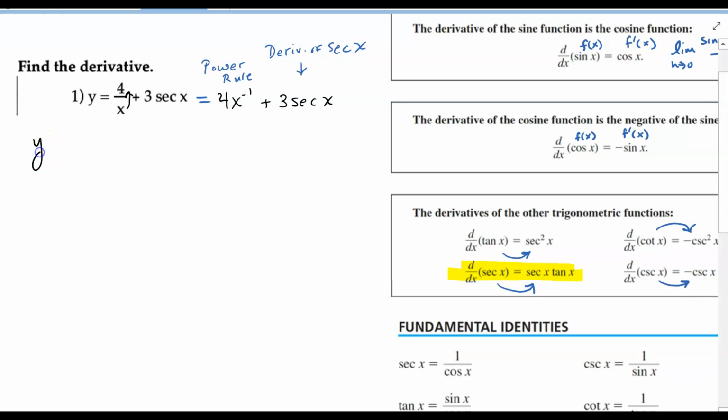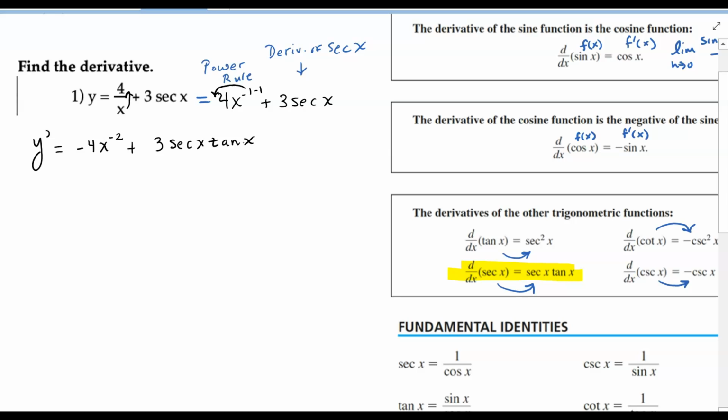To find y prime, we're going to bring the power down, negative 1 times 4, negative 4, x to the minus 2, because you subtract 1, plus 3, a constant multiplier there, and the derivative of secant is secant tangent, so secant x tan x.